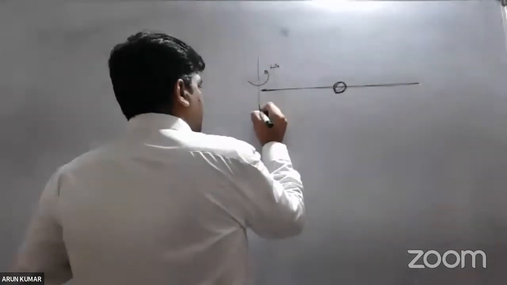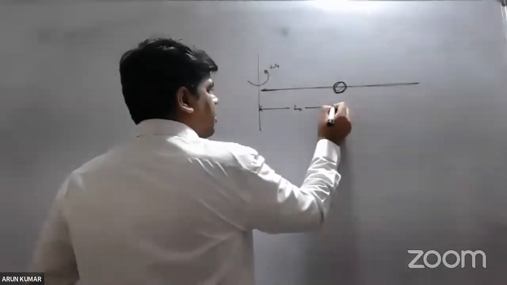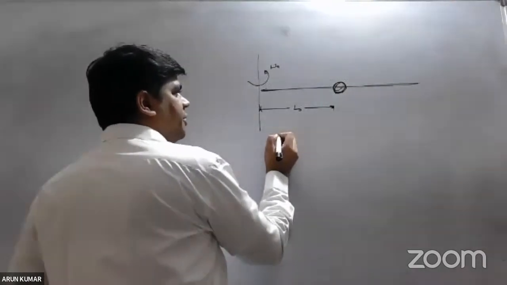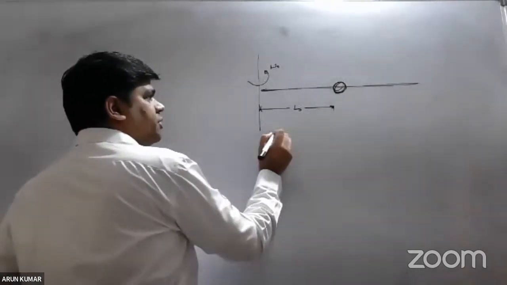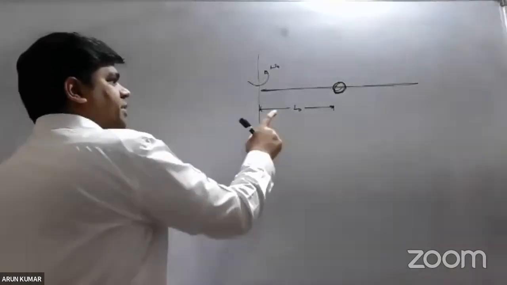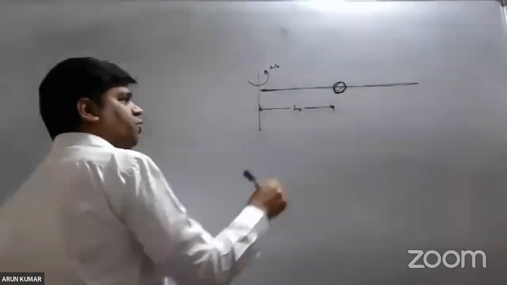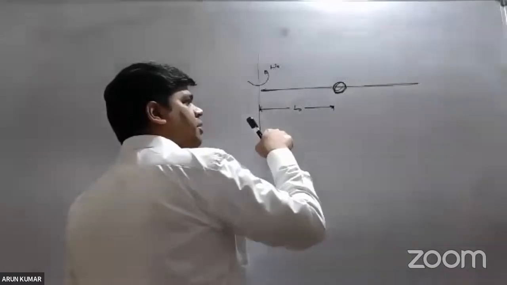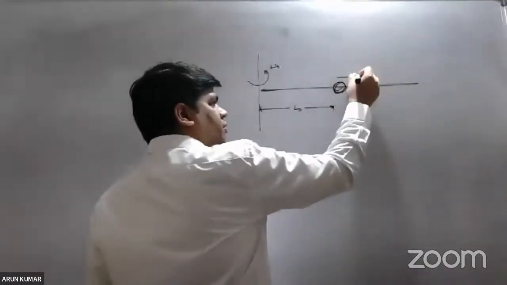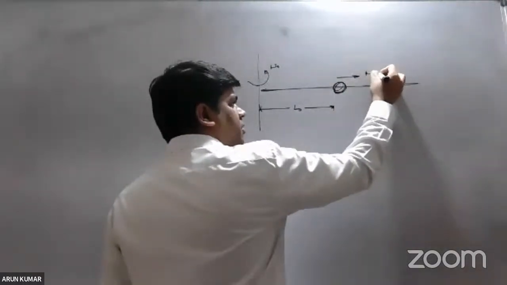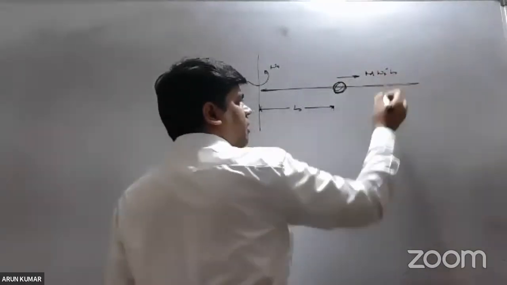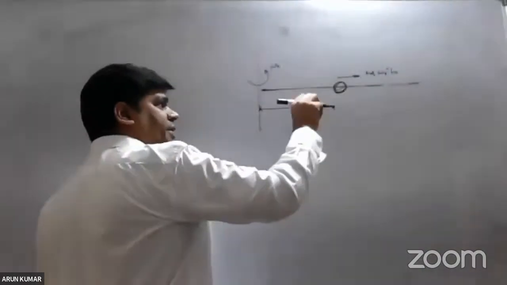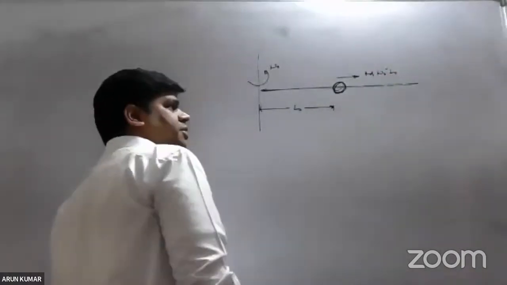It is initiated at a distance of L. With respect to the rod, there is a pseudo force on it, which is m omega square L, because of which the particle will start moving towards right.